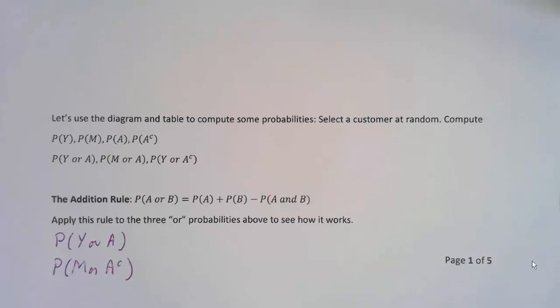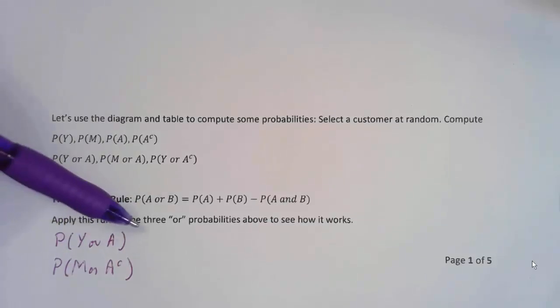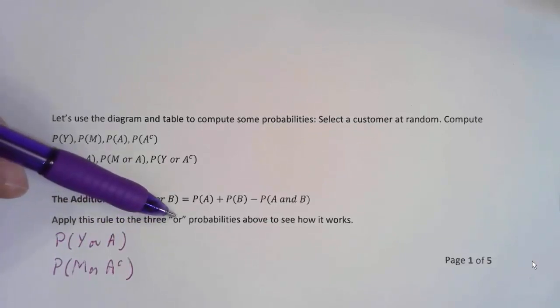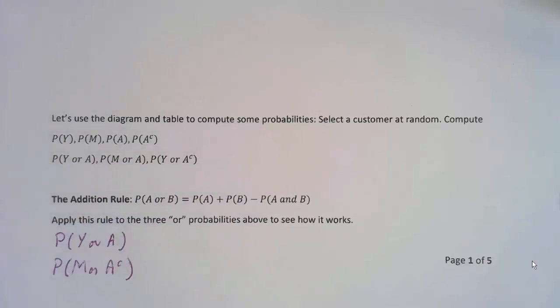Well, our instructions then say to compute all four of the or probabilities from the table above. We've done the first two, the probability of y or a, the probability of m or a complement.